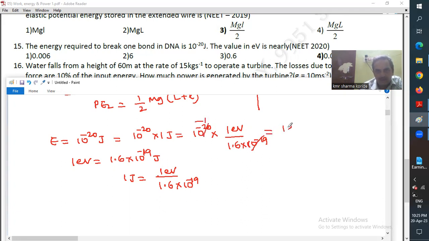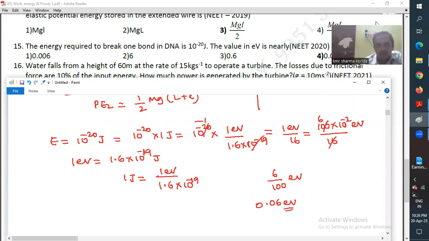So we get 1 by 16, which is roughly 6 by 100 electron volt. So the answer is 0.06 electron volts, and the fourth option is correct.